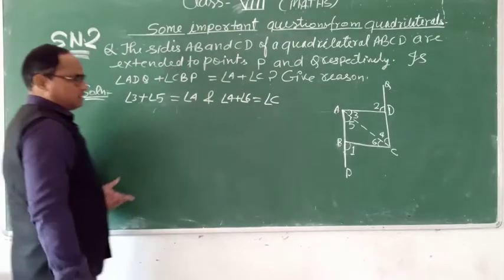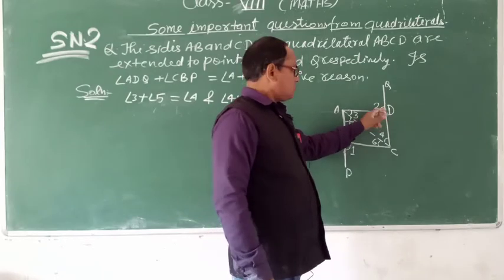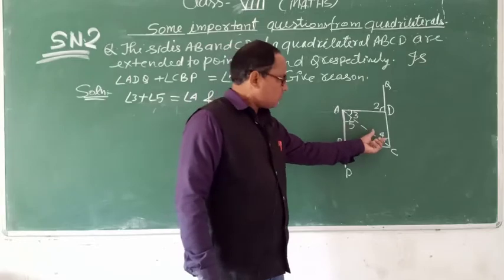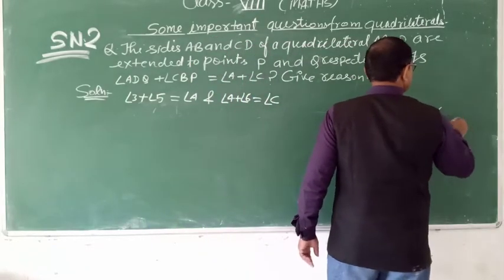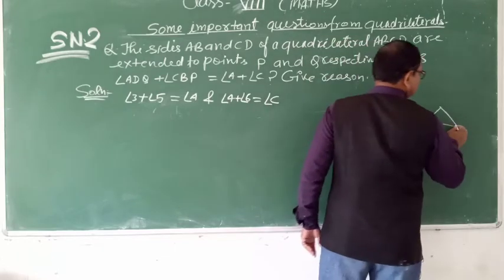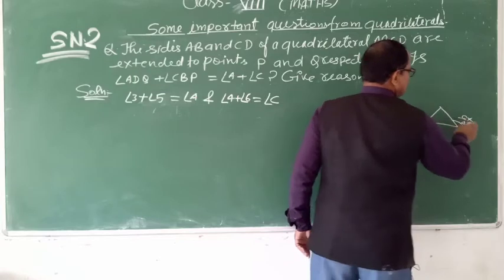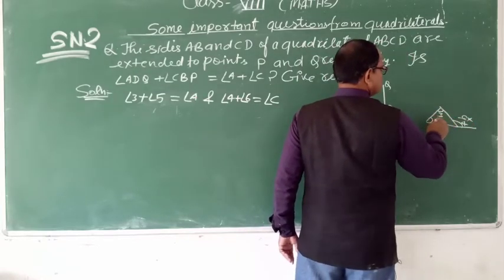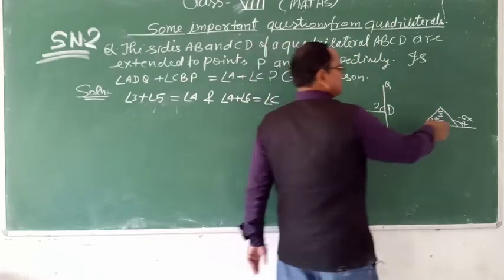And you know that in a triangle, the exterior angle is always equal to the sum of the two opposite interior angles. Here, this is the triangle, then this exterior angle, let it be 4, and these angles are 3 and 5.